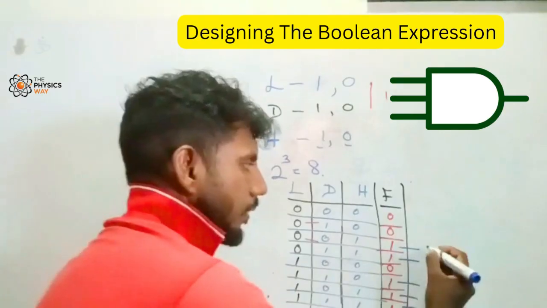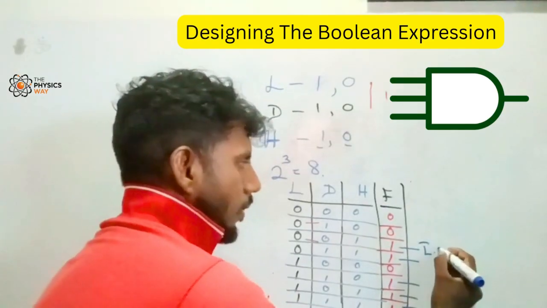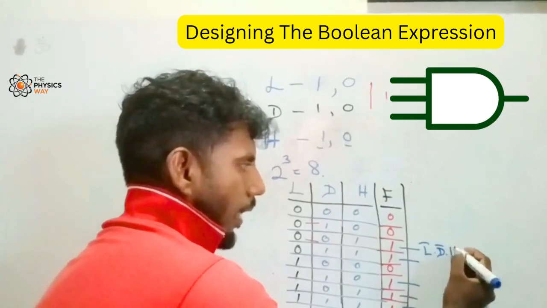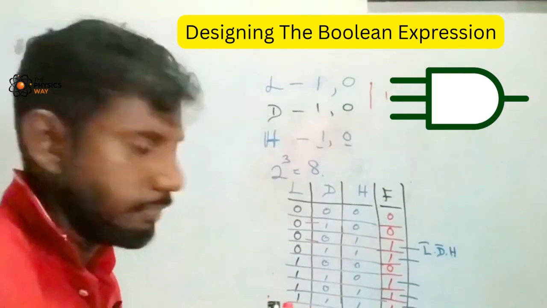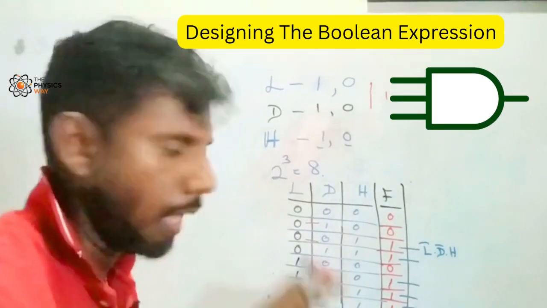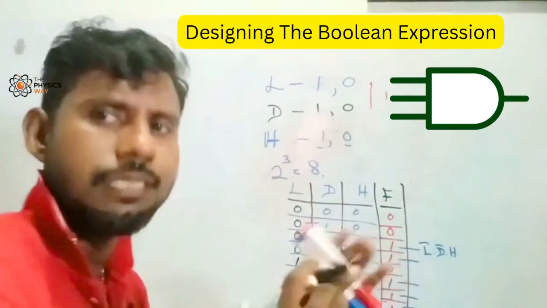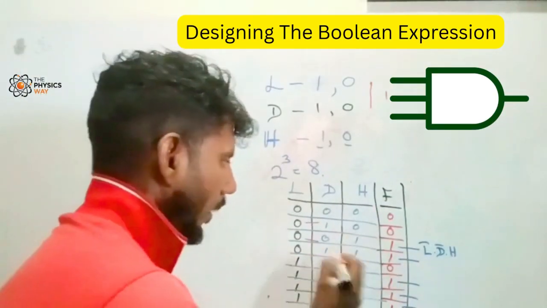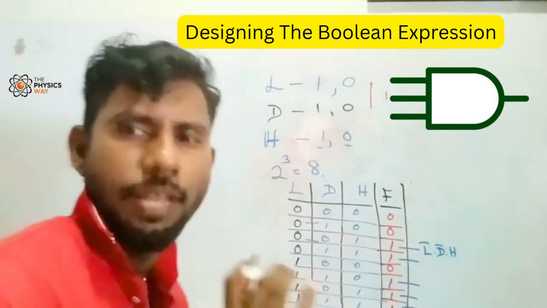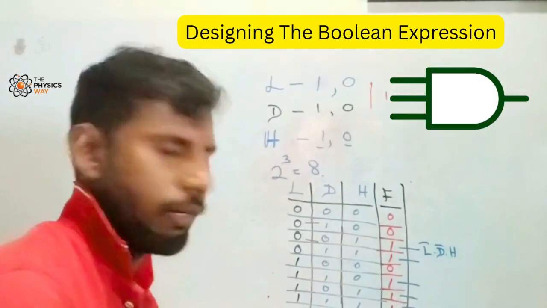So I'm going to write it like this. L bar, D bar and H. That's 1, right? In that manner, I'm going to write all these 5, right? This is a longer method, but it's correct. If you cannot find any other method, this is the method you should follow, right?